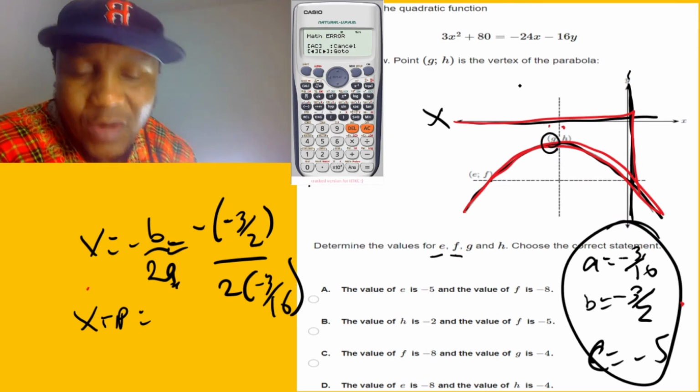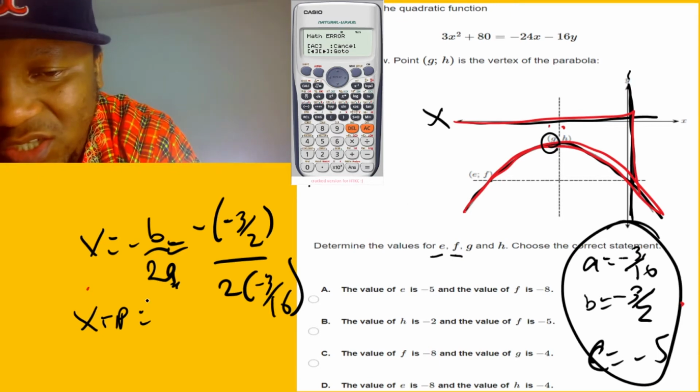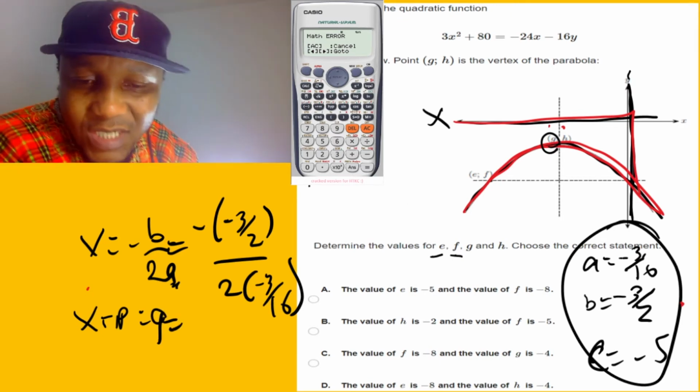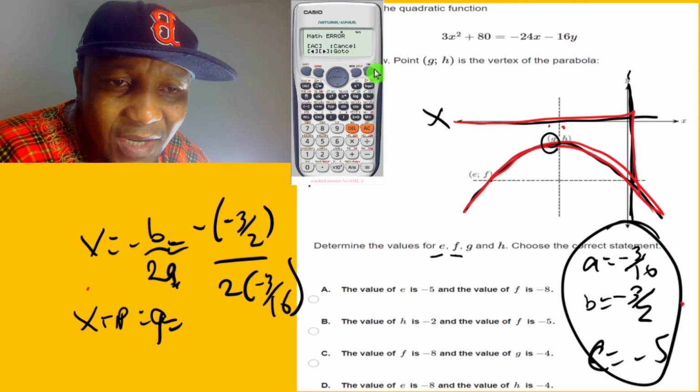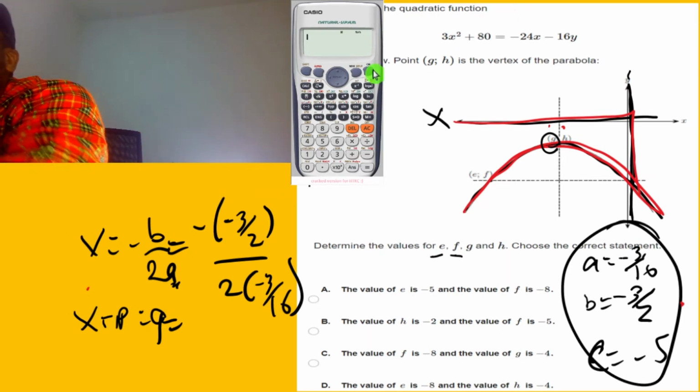In other words, it's going to give me the value of this one, which is g. So I can simply say g equals, take a calculator here, plug it in quick. Okay, clean your calculator and drink some water a little bit.